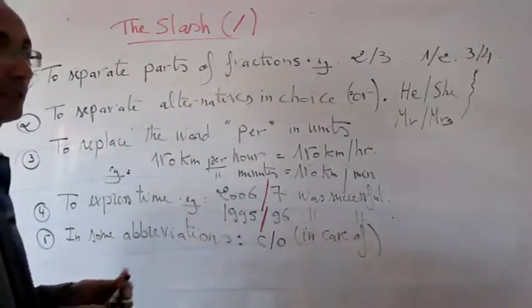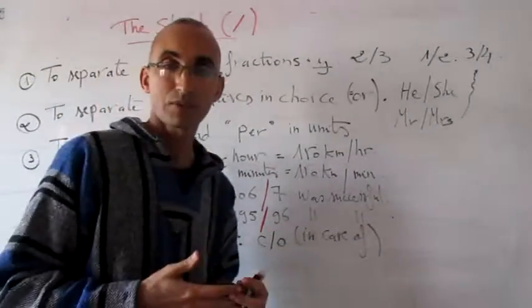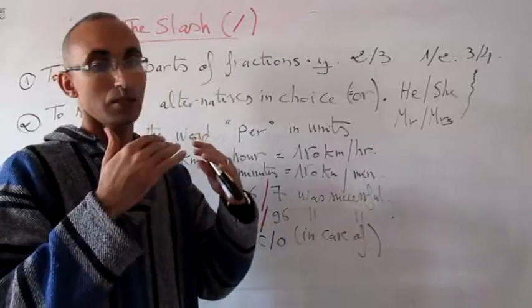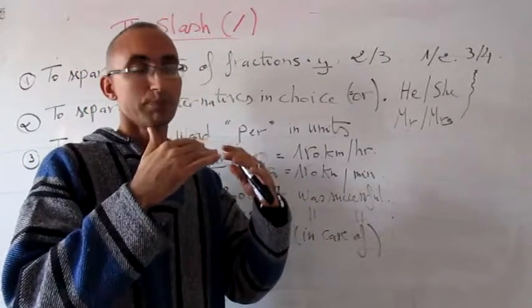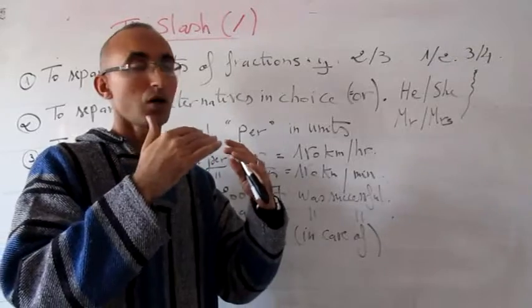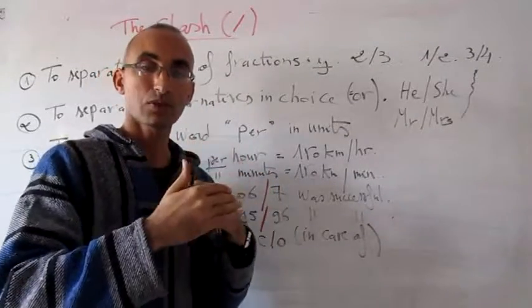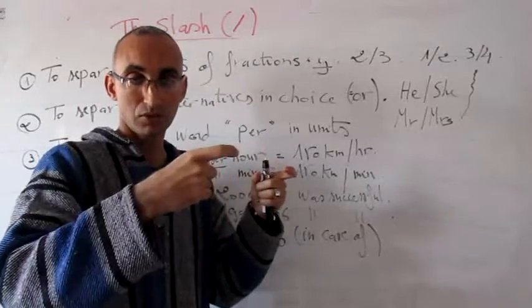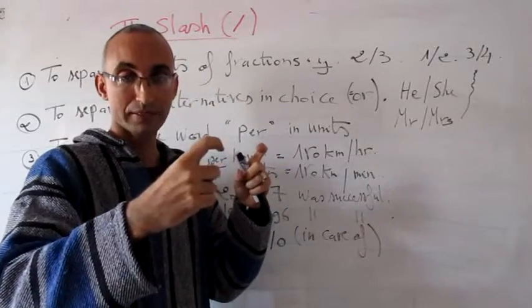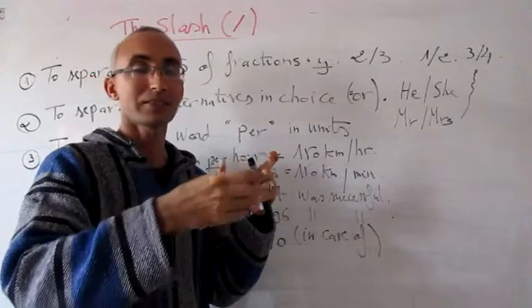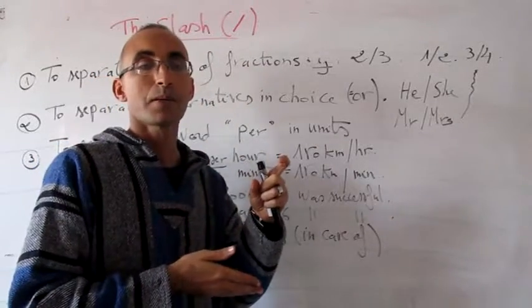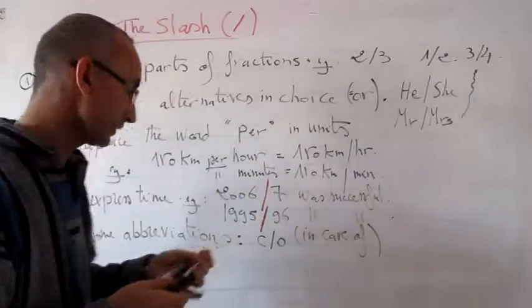Also, for poetic lines, as you know, we must put every poetic line separately on a line, then we write the other one on the next line. But in case you want to write them together, solid, on the same line, line after line, we must separate them by the slash.